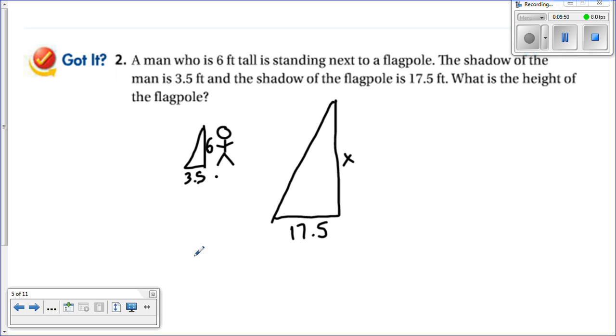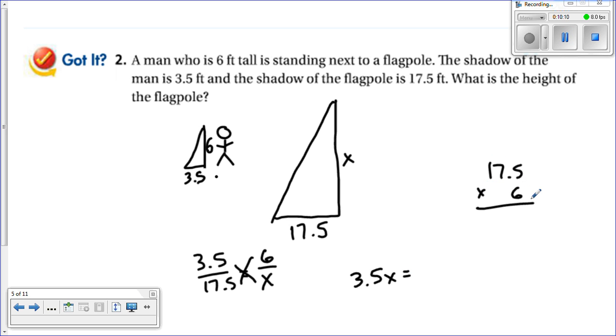So again, we're going to go 3.5 over 17.5 equals 6 over x. If we cross multiply, we get 3.5x equals 17.5 times 6, which is 105.